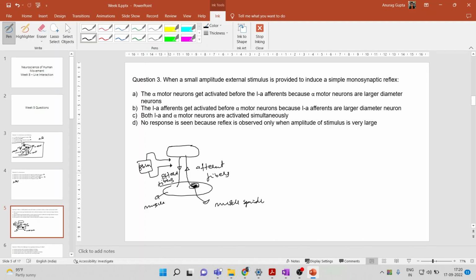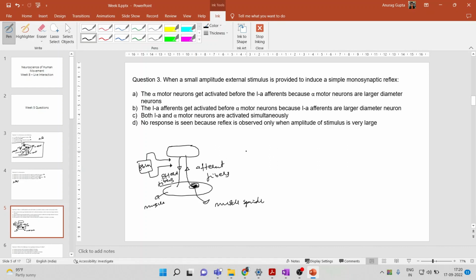fibers. So what happens is when this external stimulus is given, depolarization happens in all the fibers within the nerve. However, since the 1A afferent fibers have a larger diameter, they get depolarized to threshold first, and this is what causes the H reflex or the Hoffmann's reflex.